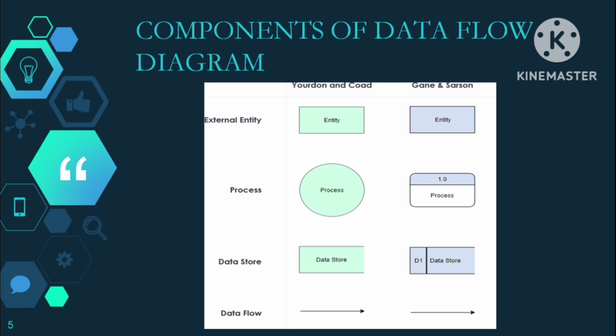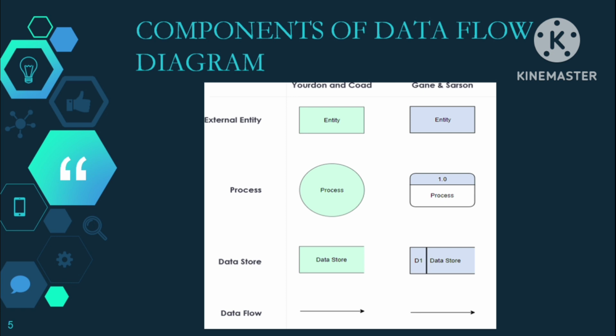This methodology involves using a set of graphical notations, such as the data flow diagram, which we are learning right now. There are also entity relationship diagrams, to represent the system processes, data flows, and data entities. Now coming to Gane and Sarson.